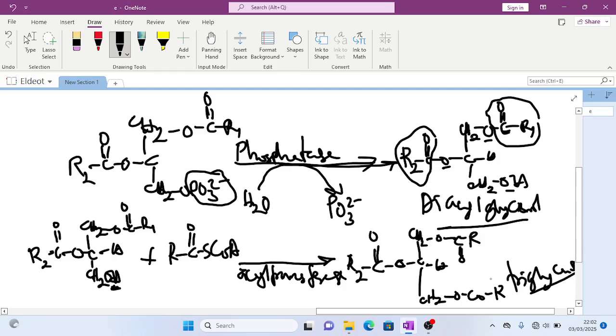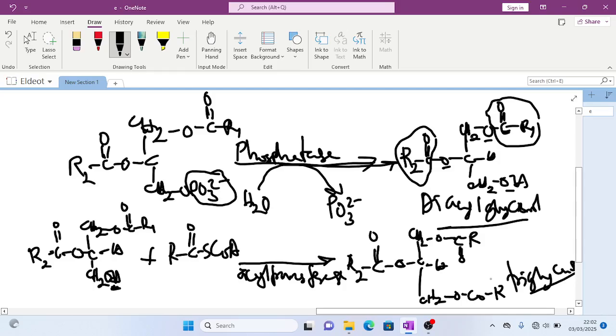So we said the other product that is formed from diacylglycerol is the neutral phospholipids. So what are the neutral phospholipids that we have? We have phosphatidylcholine, and we talk about phosphatidylethanolamine.